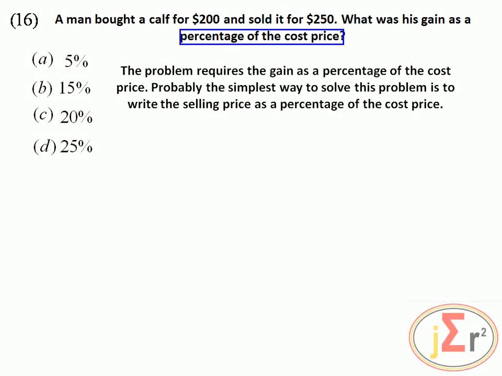Probably the simplest way to solve this problem is to write the selling price as a percentage of the cost price. Probably the simplest way, but not necessarily. So there we have it. Writing the selling price over the cost price, multiplying by 100 to find the appropriate percentage.